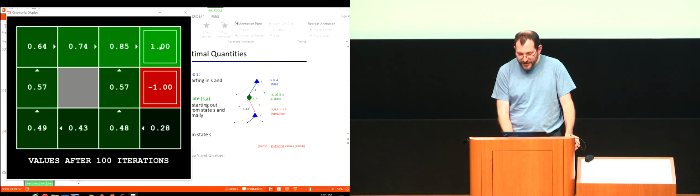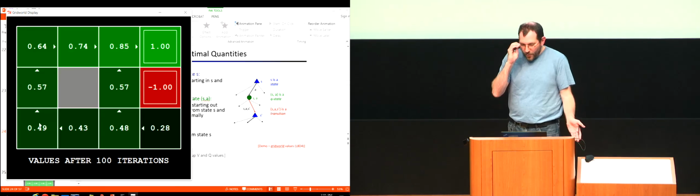And so you look, this state's really good, because you're just going to get a good reward. This state's pretty good, because unless you get really unlucky, you're going to get a good reward pretty soon. This state down here, in the lower left, the one we had sometimes been calling the start state, its value is only about 0.5. Why?